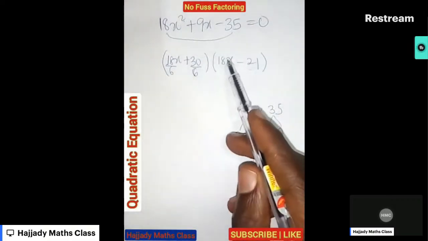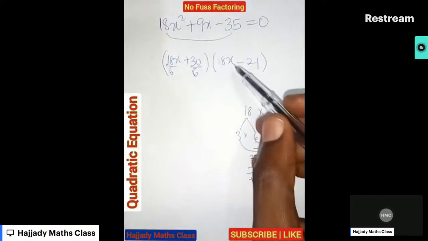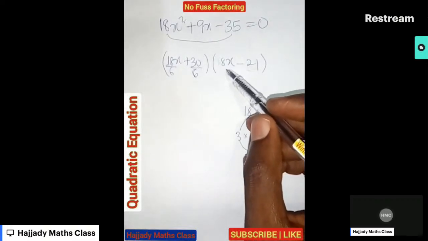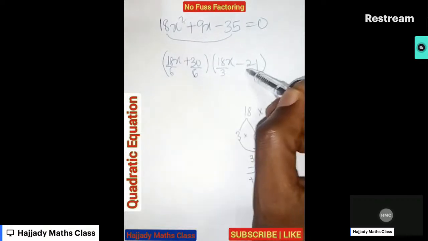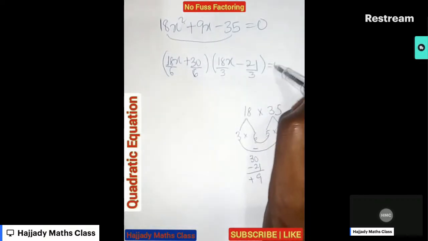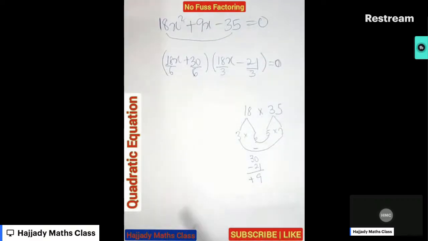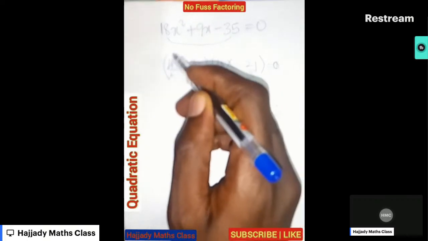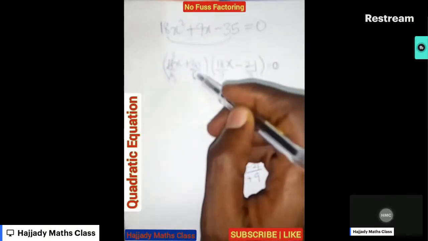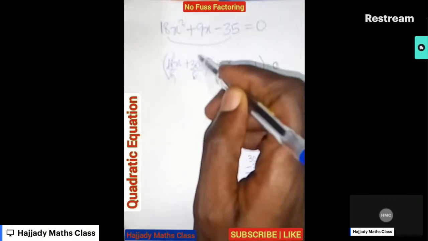The HCF of this also, the highest common factor that can divide this, is 3. It is an equation, so I'm going to equate it to 0. So in this case, we have 6 here 1, 6 here 3, 6 here 1, 6 here 5.